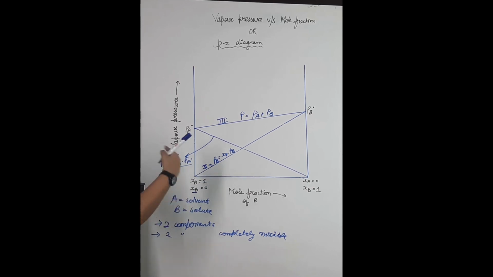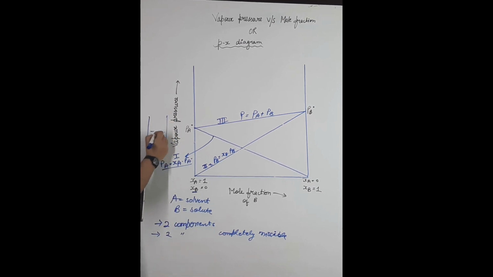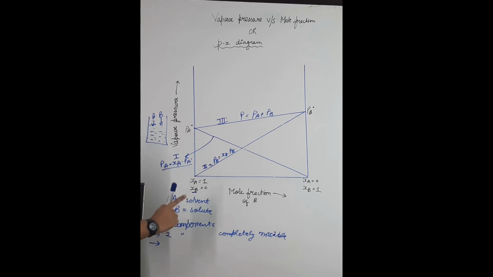The vapors above them will contain both of them, as we have seen using this diagram. Thus both the components should be volatile and the vapor should contain both components. This is very necessary for Raoult's law to act.